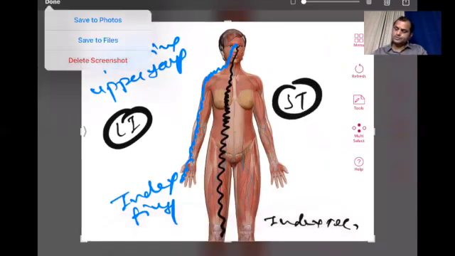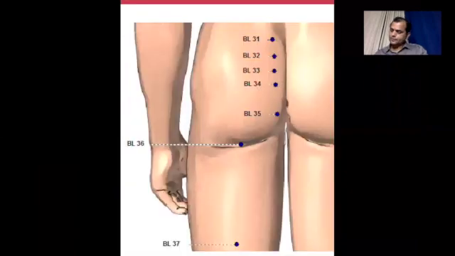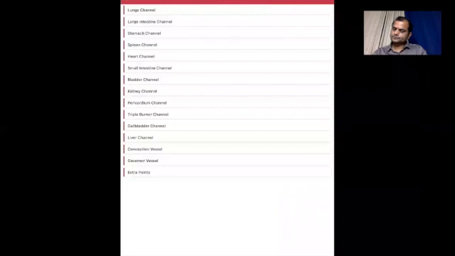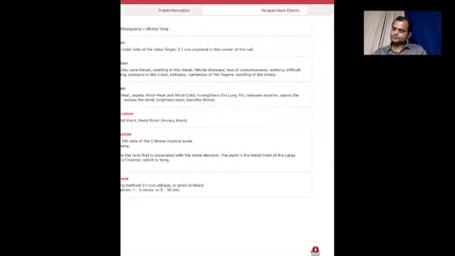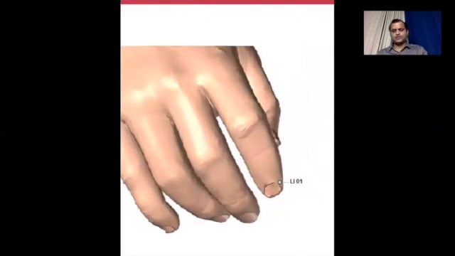Let's see the root. So we can see this is the location of large intestine 1, which is starting from the index finger.